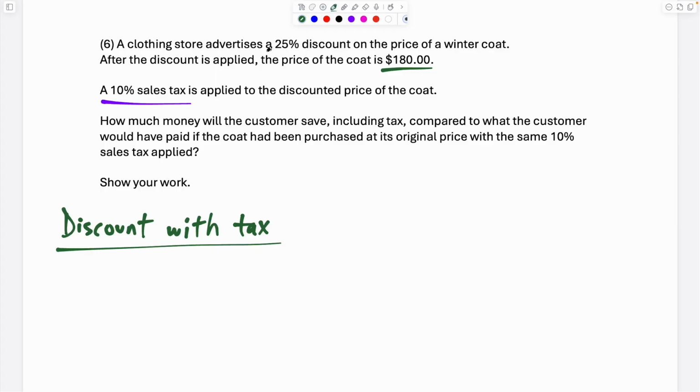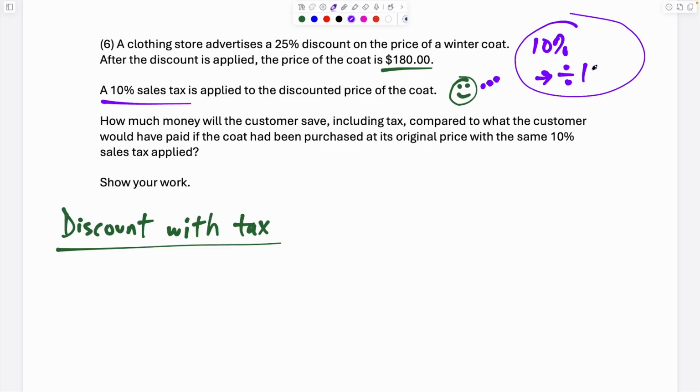Remember, the shortcut is just divide by 10. So when I want to find 10% of $180, all I'm doing is taking $180 and dividing it by 10, which is equal to $18.